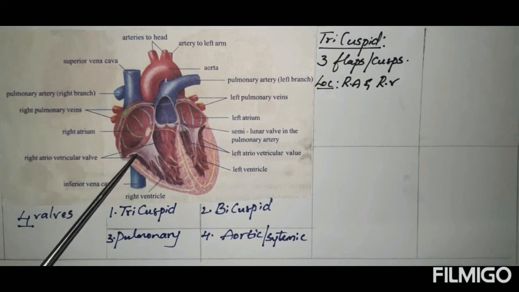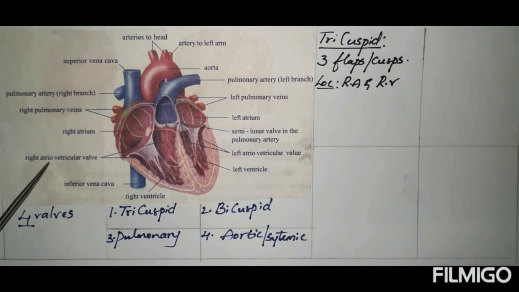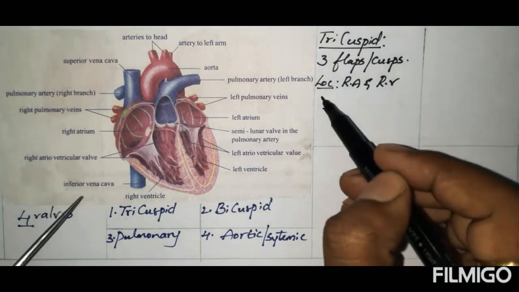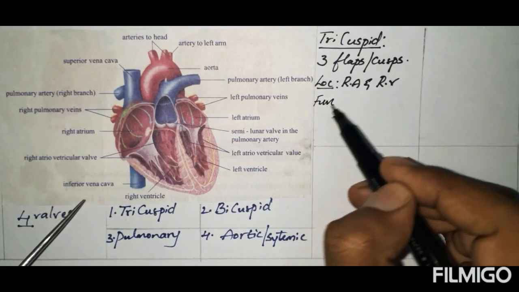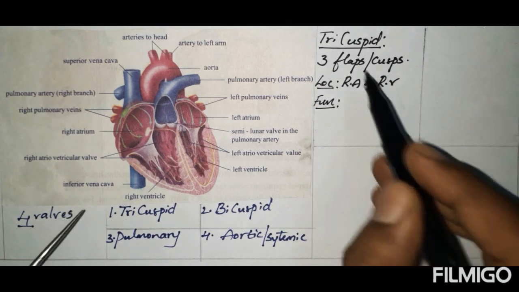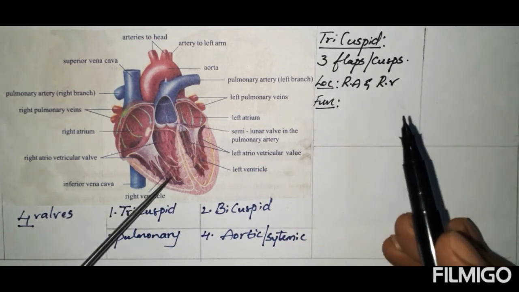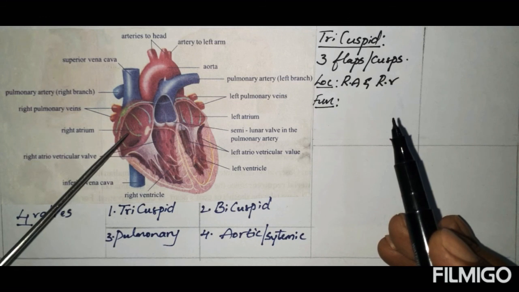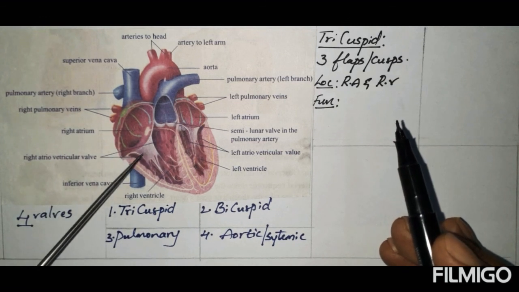This part is the tricuspid valve, also called the right atrioventricular valve. Coming to the functions. The function of a tricuspid valve is to prevent the backward flow of blood.